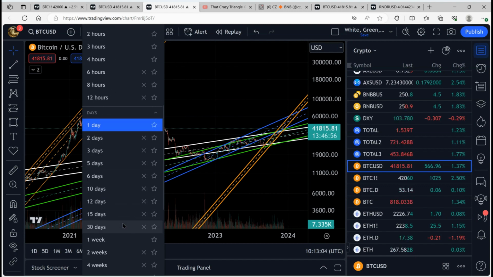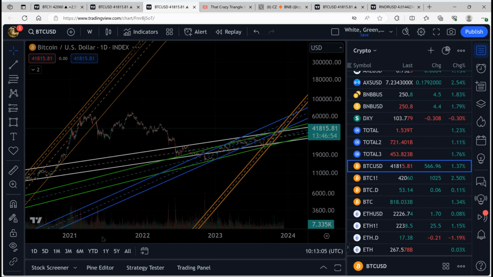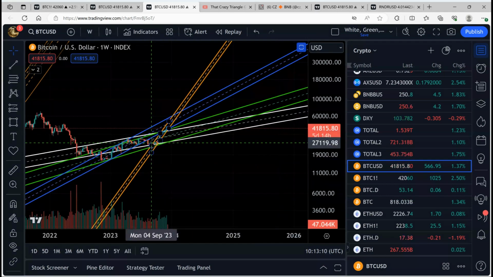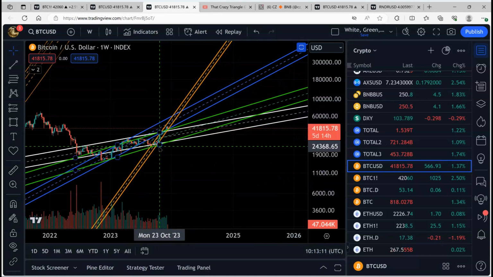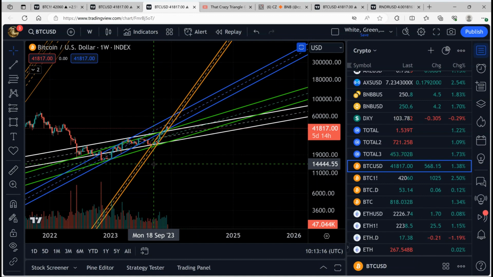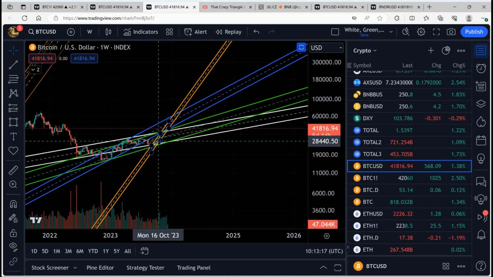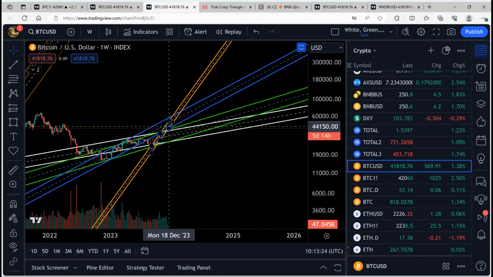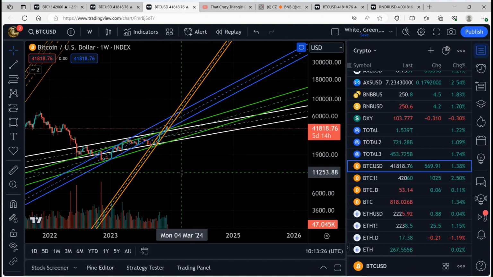Now let's go on a weekly time frame to show you this orange channel that we are currently trading in, and I drew it, which I will show you in a second, based on the daily candle closures in this date range right here.